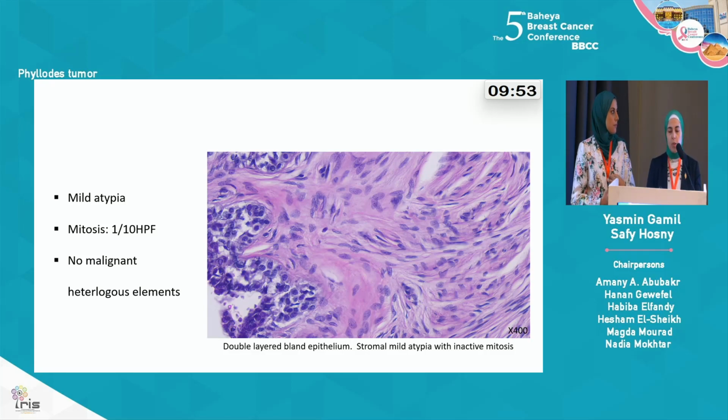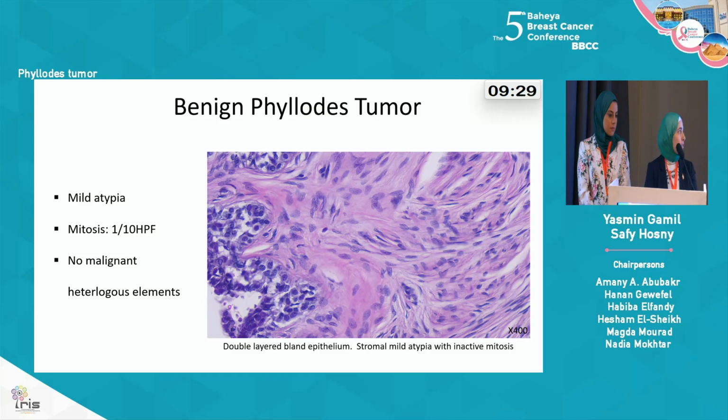Higher power shows at the left side the bland-looking double-layered epithelial component and the stromal mild atypia with inactive mitosis. This case also showed a low mitotic rate, just 1 per 10 high power fields, and there were no associated malignant heterologous elements. So what is the diagnosis? It is a straightforward case of benign phyllodes tumor.